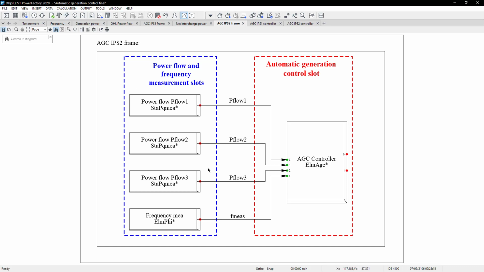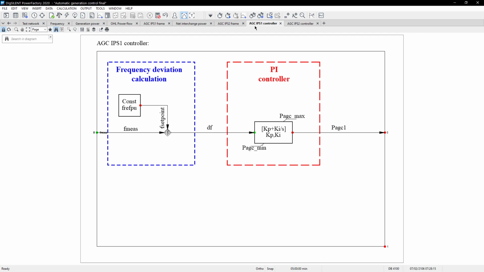We have 3 measurements because we have 3 transmission lines. We have a frequency measurement because the AGC must take care of the frequency control. And those signals, the power flow together with the frequency, are going to the main controller, and that is the AGC. Okay? And then we have here what we call the AGC controller.